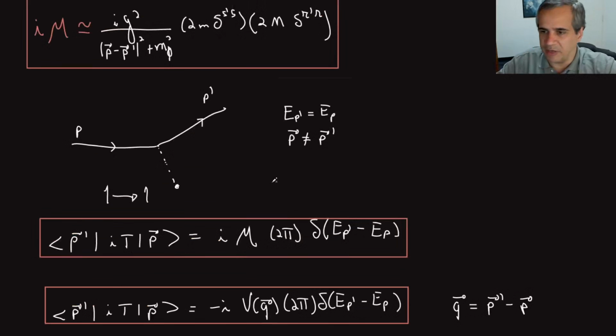The one detail I have to be careful with is that in here, I'm using a relativistic normalization, and that's why I have this 2m factor here. Also, I'm not looking at spins, so I'm assuming the initial and final spins are just the same. So this is 1. And this 2m here is from my relativistic normalization of the states.